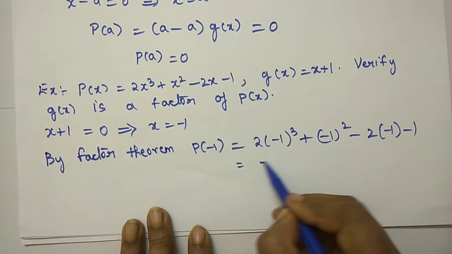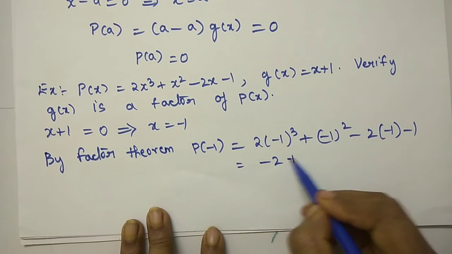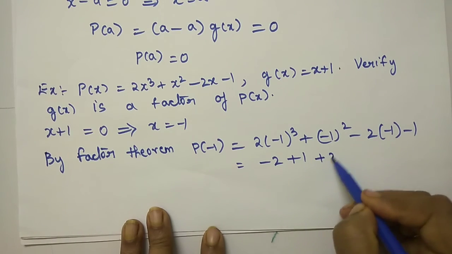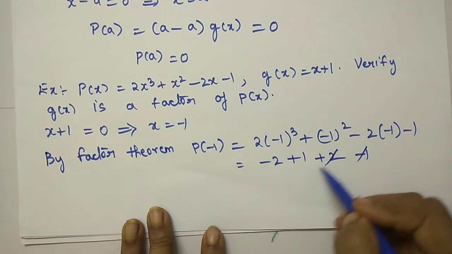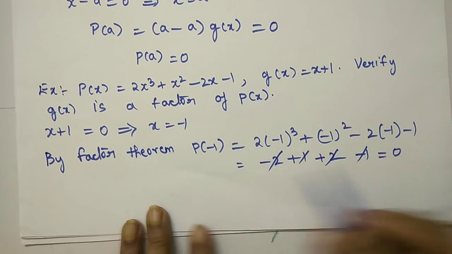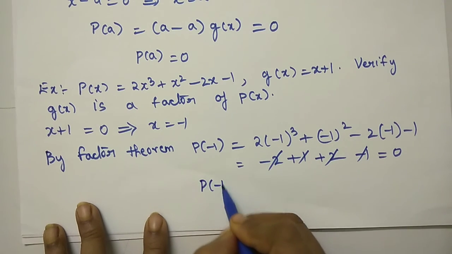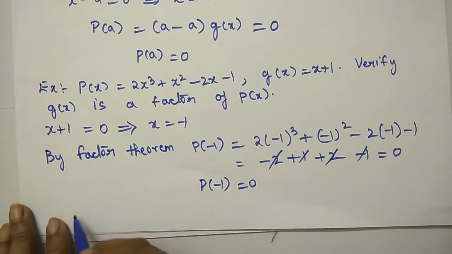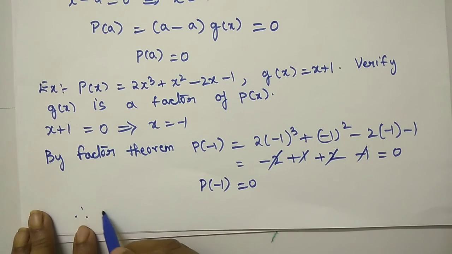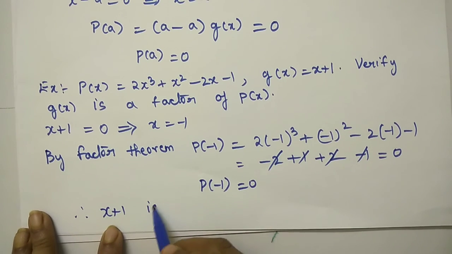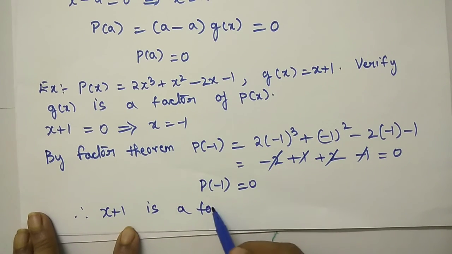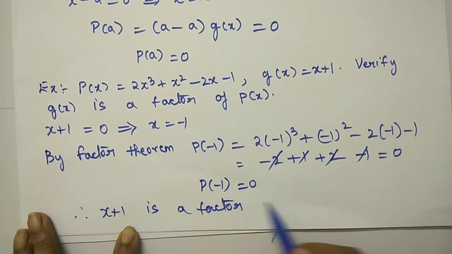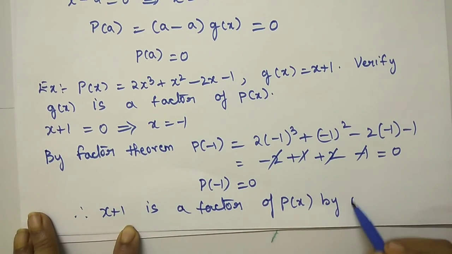This is equal to minus 2 plus 1 plus 2 minus 1. You will get 0. So P of minus 1 is equal to 0. Therefore x plus 1 is a factor of P of x by the factor theorem.